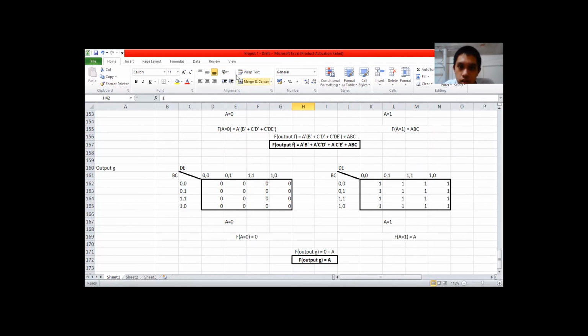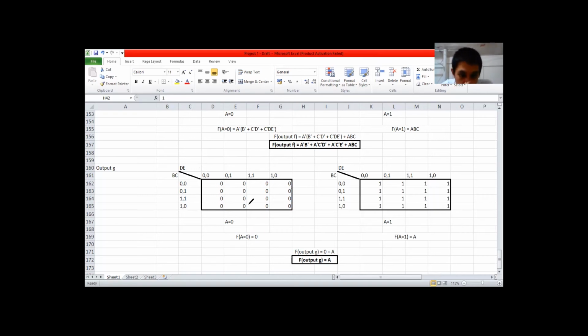So let me draw again. Where's the pen? Okay. Based on the first K-map, all of the cells in this part of the K-map where A is equal to 0 are all 0.